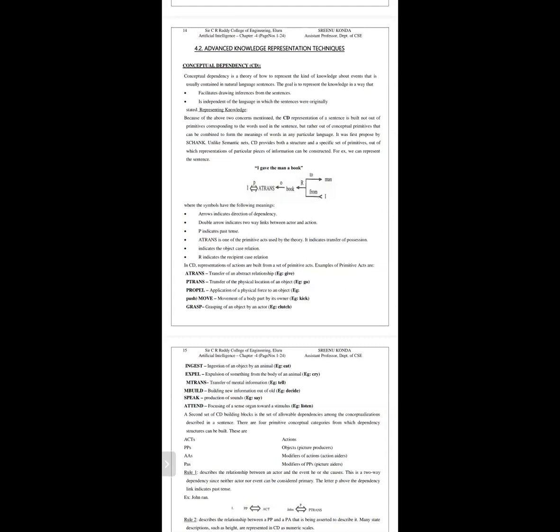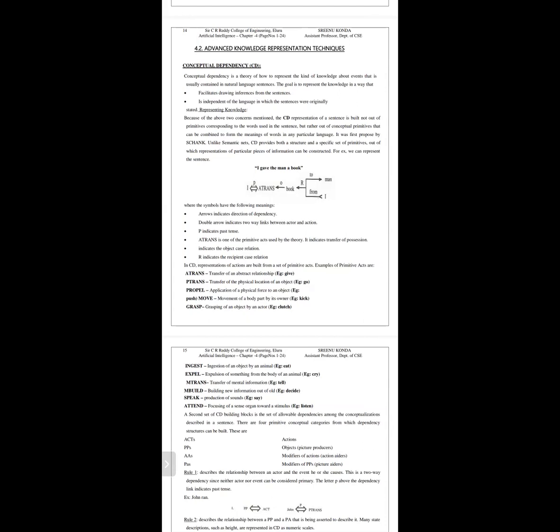So I'm going to write this particular sentence as: P means past tense, A trans. Here A trans is nothing but gave. Next, O means object, here the object is book. Next, R. R is nothing but recipient.